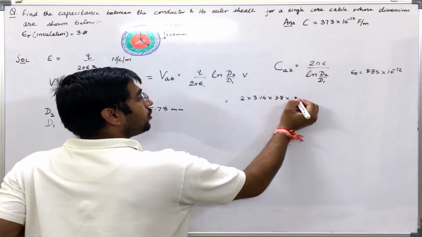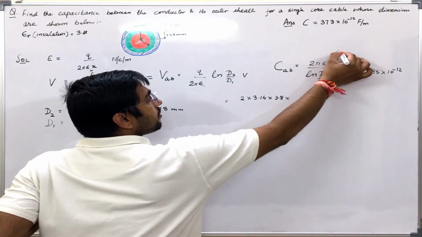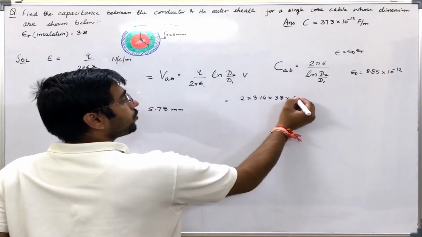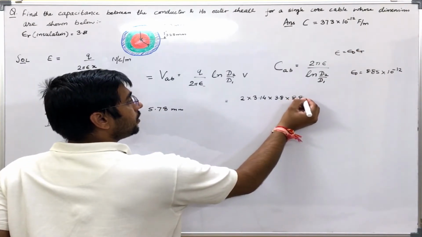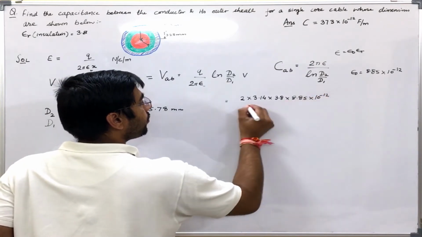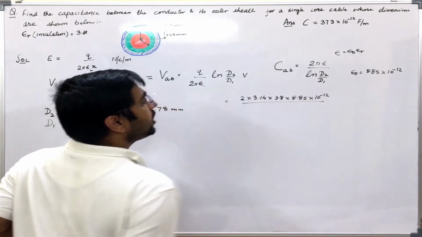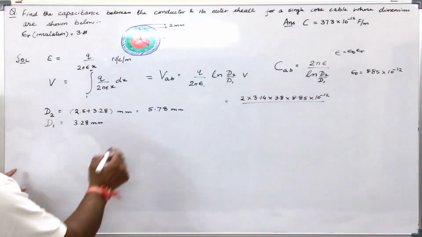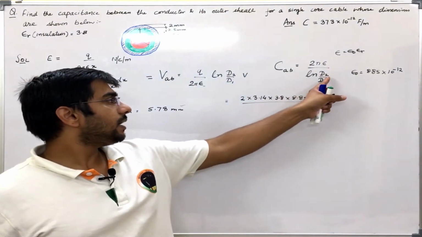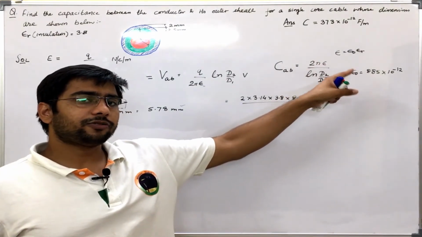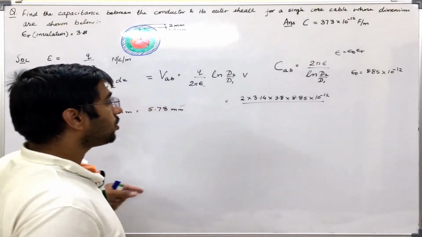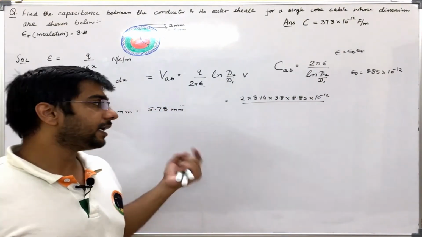So putting this value, and epsilon is equal to epsilon naught into epsilon r, putting this in the formula, you see we do not need to convert these into meter. Why? Because this is the ratio and the common conversion factor from millimeter to meter will get cancelled out. So there is no need to convert these into meter.